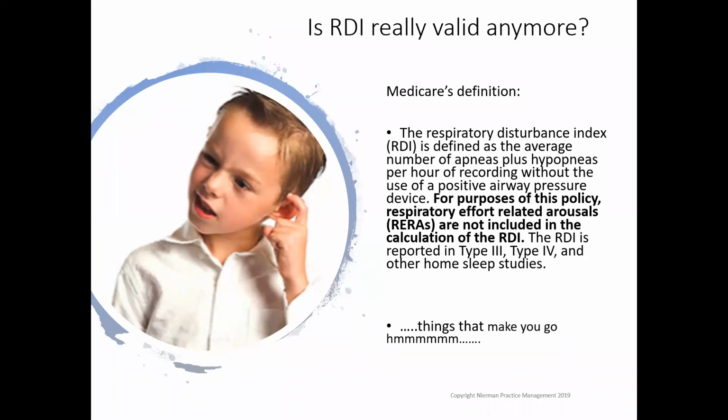So for the purposes of our policy, those RERAs, those respiratory effort-related arousals, are not included in the calculation of RDI. Okay, so they basically have said in so many words, we're going to make the definition of AHI and RDI the same. So you do want to make sure that the patient's AHI is 5 or above for Medicare.